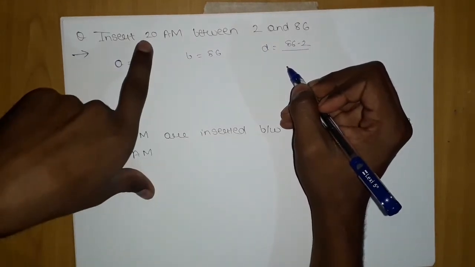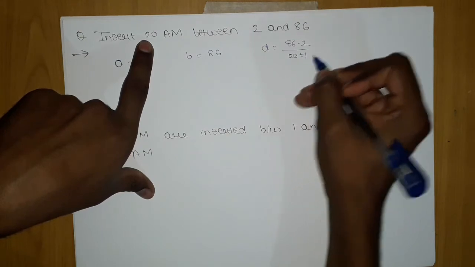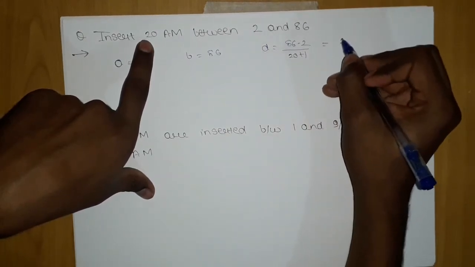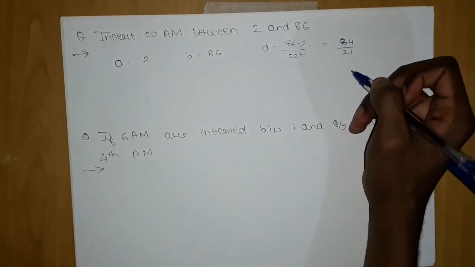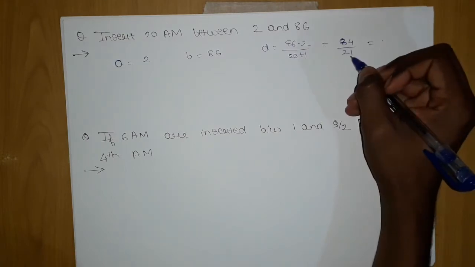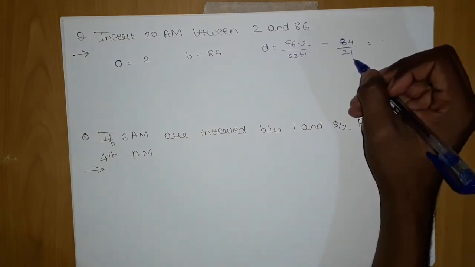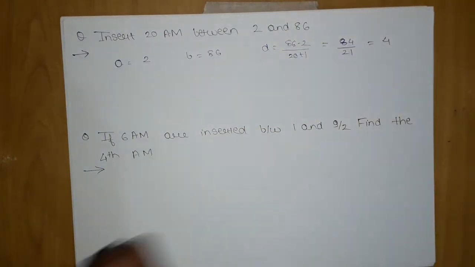N is how many AMs we want to insert, 20 plus 1. So we are getting 84 upon 21, which cancels out, and we get D equals 4.